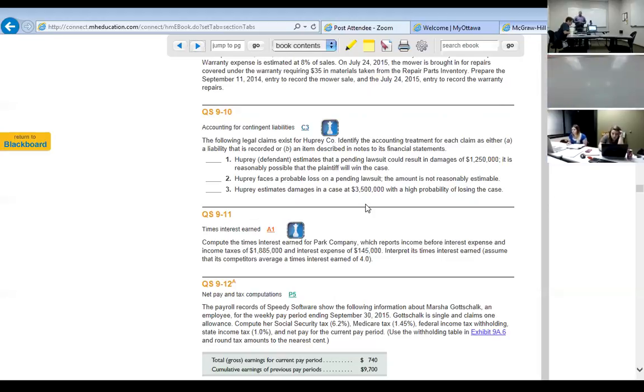The income before interest and income taxes, that's the $1,885,000. So that would be the numerator. And then the interest expense of $145,000 would be the denominator. And then you just divide it to get 13.